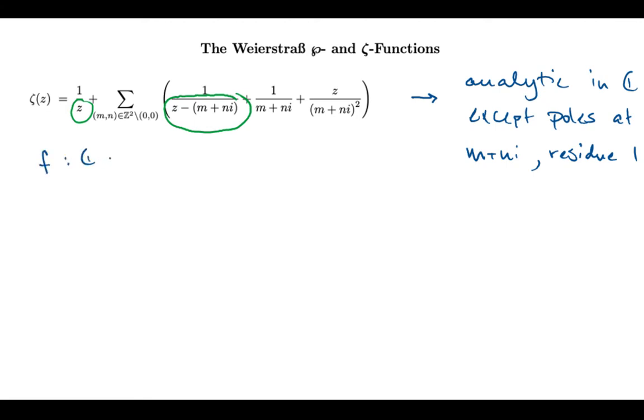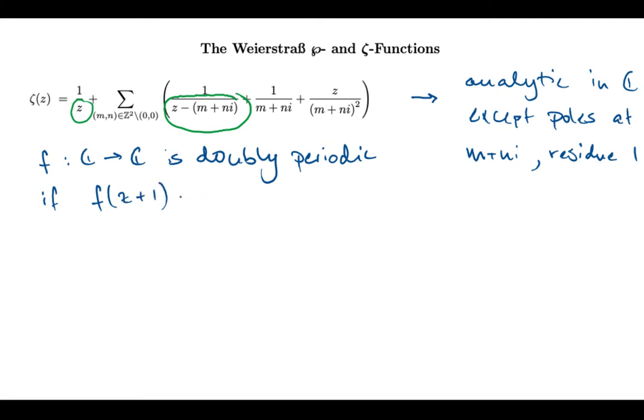This is a complex function, and doubly periodic means it's invariant under translation of the variable by 1 and by i.